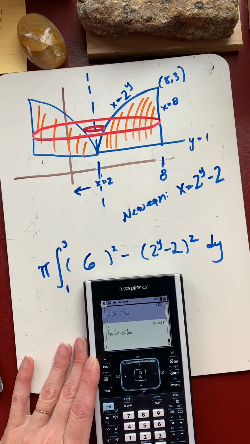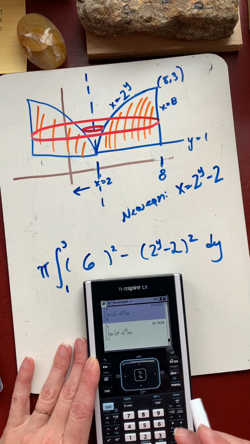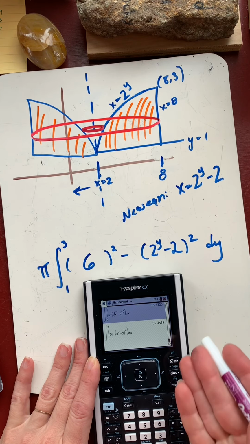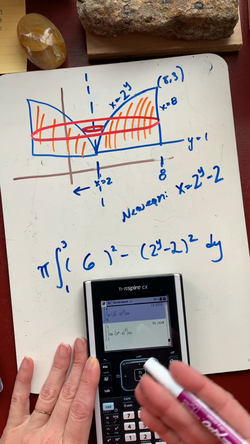I get 55.3438. I'm going to put their choice B in the calculator, which looks like what it should be. It's the only thing going from 1 to 3.